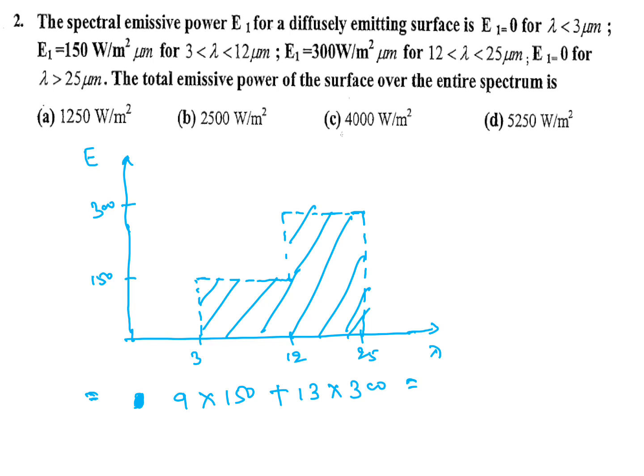So it will come 1350 plus 3900, that is 5250 watt per meter square. From the options, D is the answer.